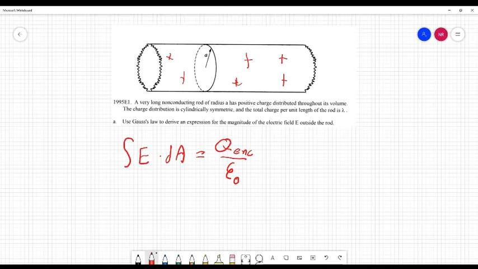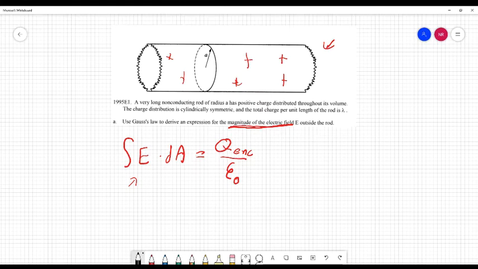And since we're looking for the magnitude of the electric field, we want to isolate this E. The first thing that we can notice is that this is a cylinder, and a common Gaussian surface for cylinders is just another cylinder.